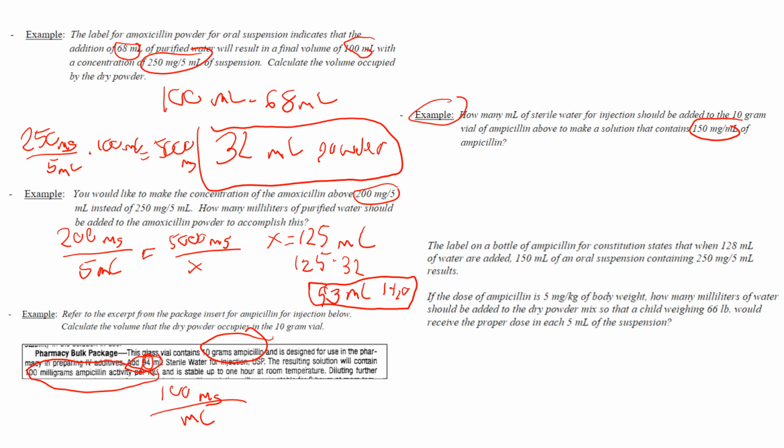So we have 10 grams over an unknown quantity equals 0.1 gram over just 1 milliliter, essentially. So how many milliliters total? We can set up this equation, isolate x, so we have 10 divided by 0.1 in the end.